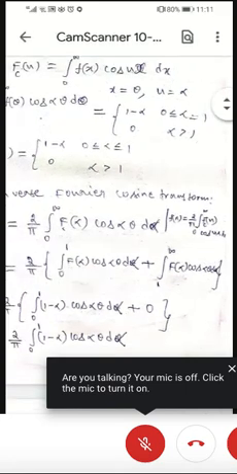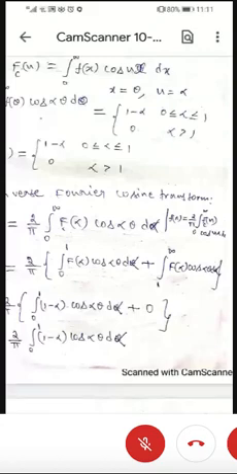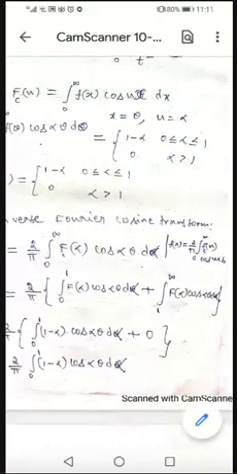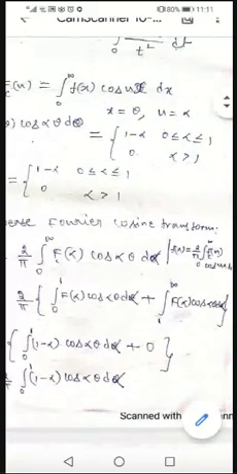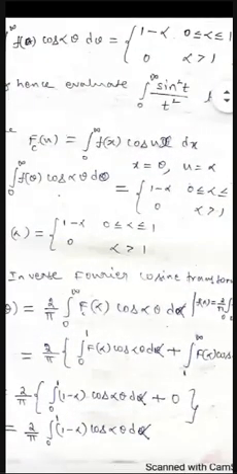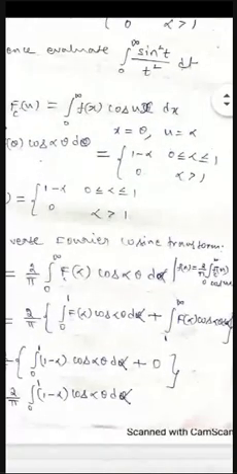So 2 by pi as it is, the integration from 0 to 1, and in the place of Fc of alpha can be written 1 minus alpha. Why? Because the given Fc of alpha is this given function. So if alpha is between 0 and 1, then I can say Fc of alpha is 1 minus alpha. And if alpha is greater than 1 and less than infinity, alpha between 1 and infinity, then Fc of alpha is 0.